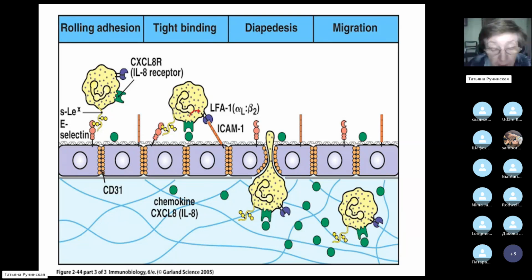In the second picture, the neutrophil binds to endothelial cells. There is adhesion.